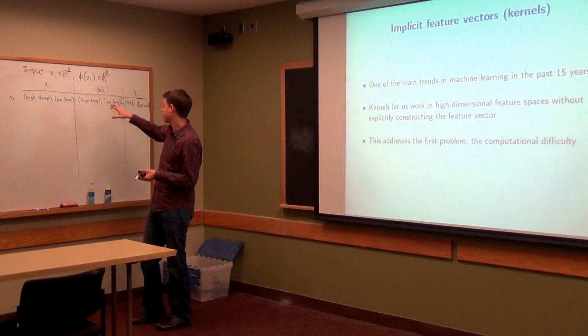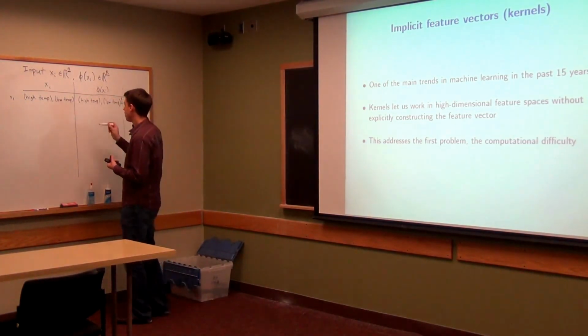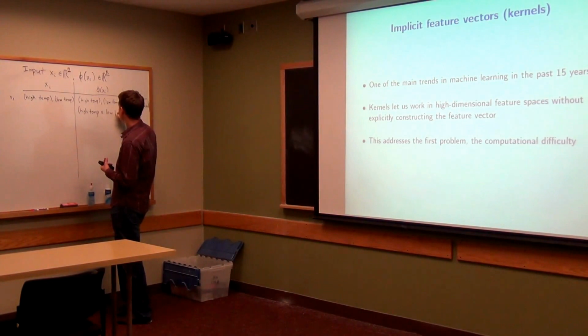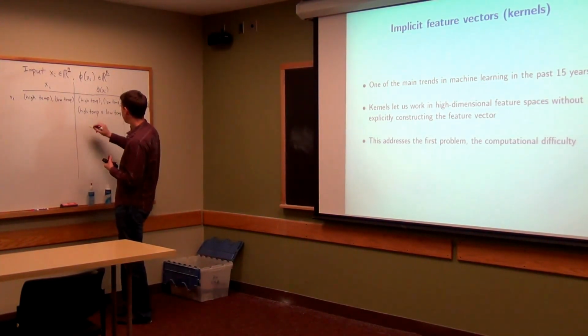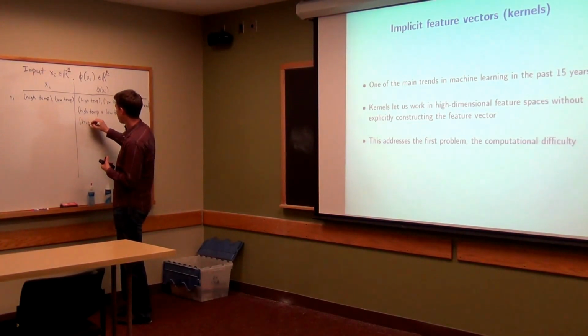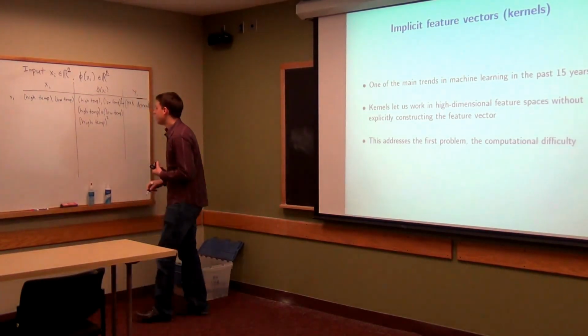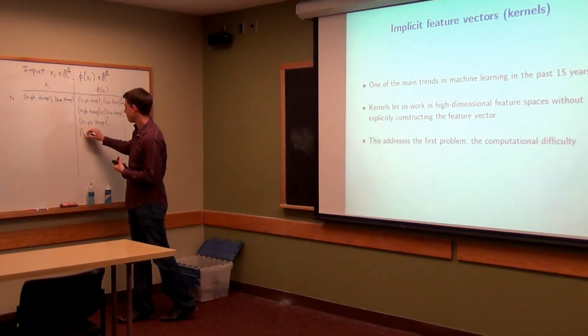In particular, for a degree 2 polynomial, we would have things like high temperature times low temperature, right? We also would have high temperature squared. Maybe I'll put parentheses around these. And we'd have low temperature squared.